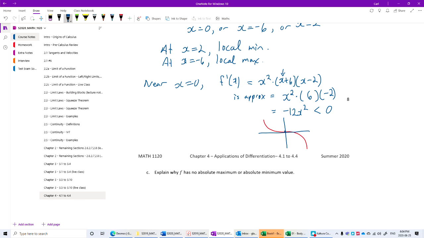That's the derivative. So f looks like a cubic there near x equals 0. So at 0, it's neither a local max or a local min.